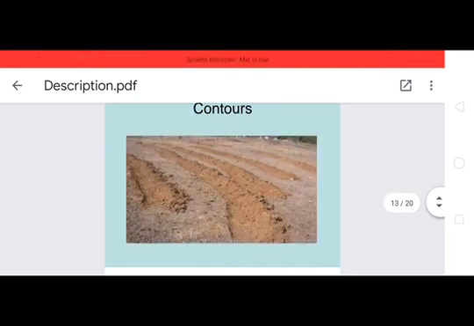This is the contours. Here we can see from the picture that if a heavy flood or heavy rainfall condition occurs, then the runoff can find its path by these contours. So these contours may be most helpful to counter soil erosion.